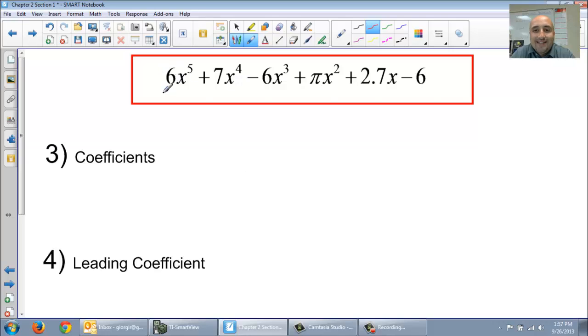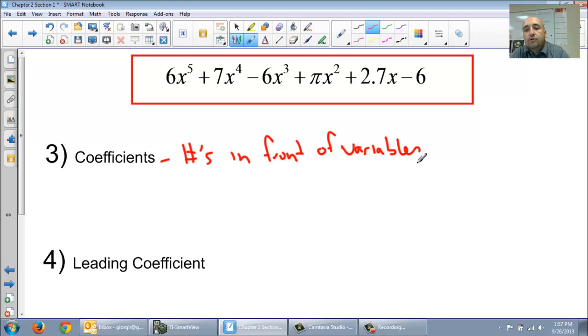Moving on, we have the exact same polynomial expression. Now we're going to talk coefficients. Coefficients are numbers in front of variables. This should all be reviewed. You did all of this in Algebra 1, but we do need to recap and make sure that you are understanding these vocabulary words before we use them.